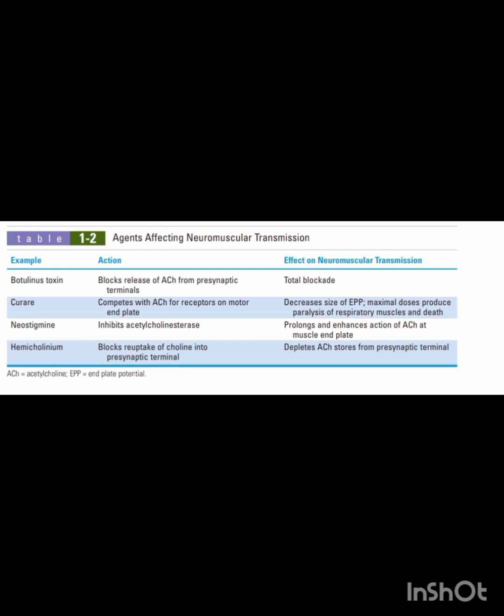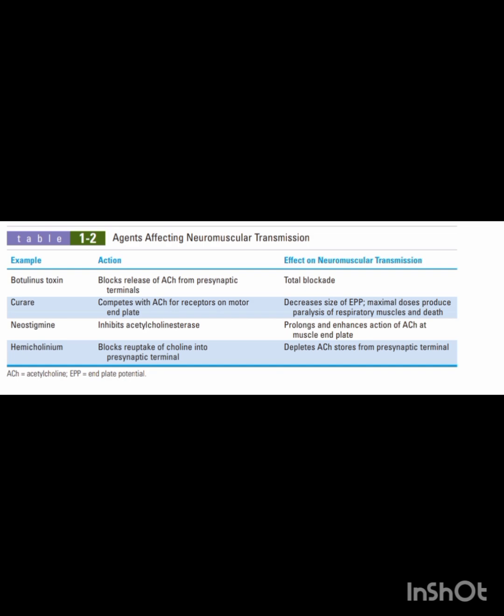And hemicholinium is the last drug in the table. So it blocks the reuptake of choline in the presynaptic terminal. The choline that is taken back into the presynaptic terminal by the choline and sodium cotransport. So hemicholinium blocks this reuptake of choline in the presynaptic terminal, and this will deplete the acetylcholine stores from the presynaptic terminal.